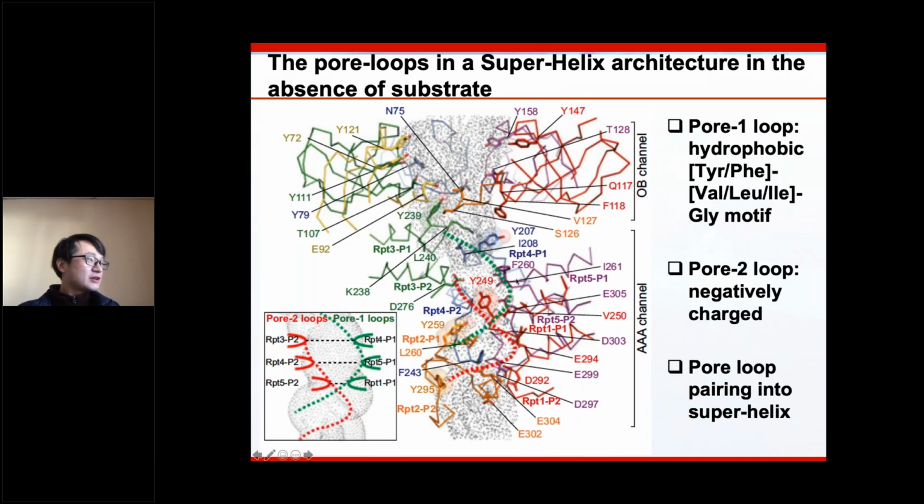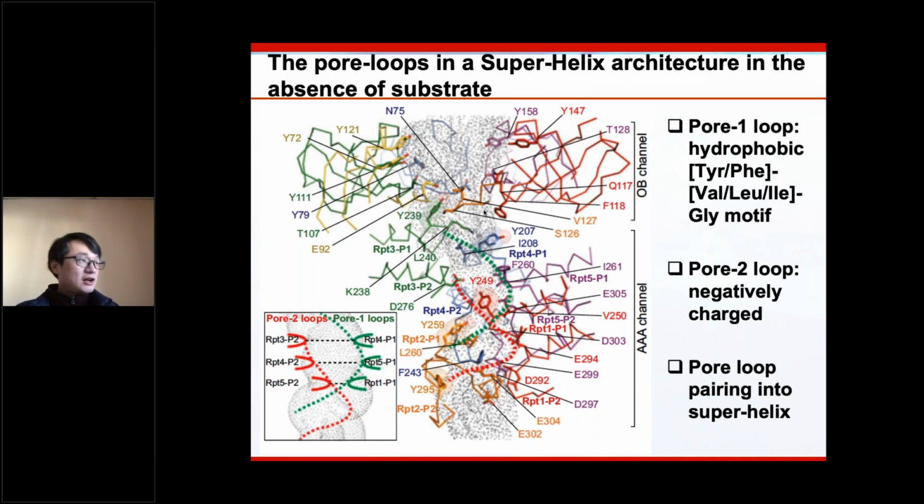If you look at this architecture, it's very interesting that each ATPase subunit contributes 2 pore loops, called the pore 1 and pore 2 loops. In the resting state, they form 2 kinds of superhelical architecture just waiting there. However, if you look at the real structures, the central AAA channel is so lateral that it has to open to accommodate the substrate insertion. That's going to be shown later.